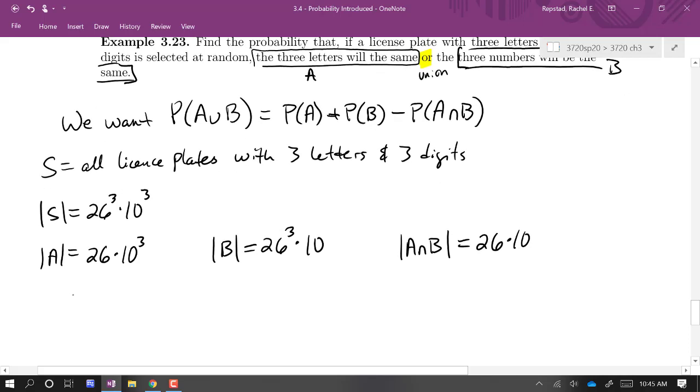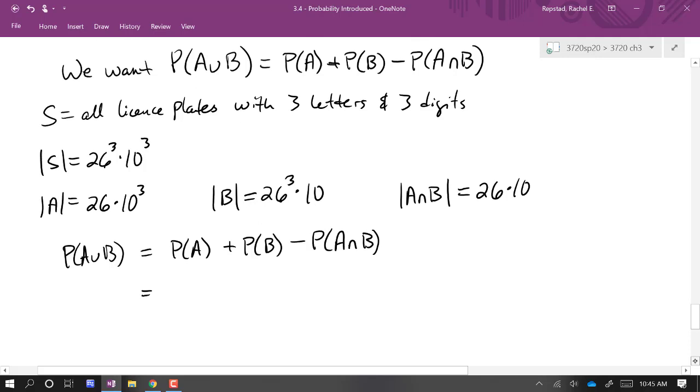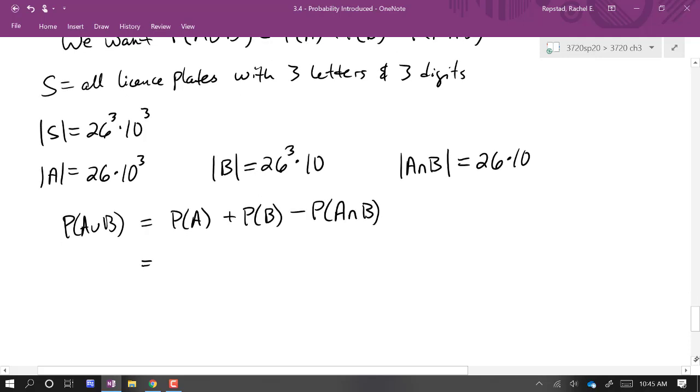Now let's use our formula. So each of these probabilities is just the size of the set over the size of the sample space.